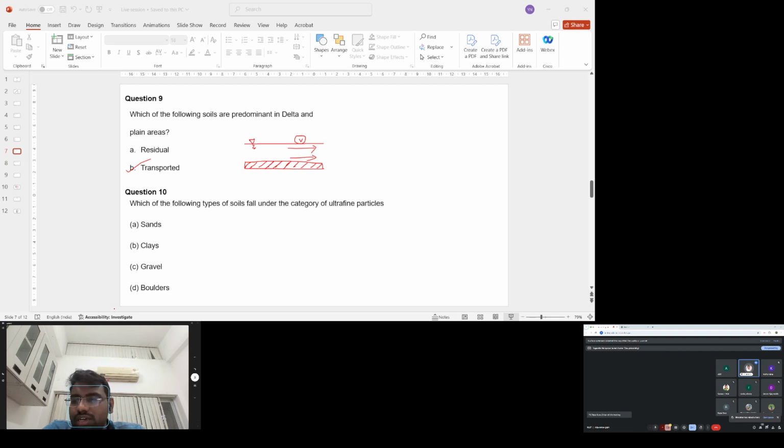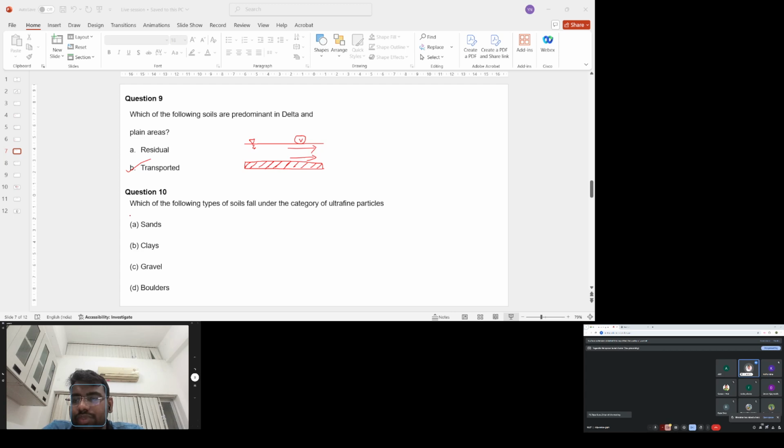So boulders are 80 mm to 300 mm. Sands are less than 4.75 mm.